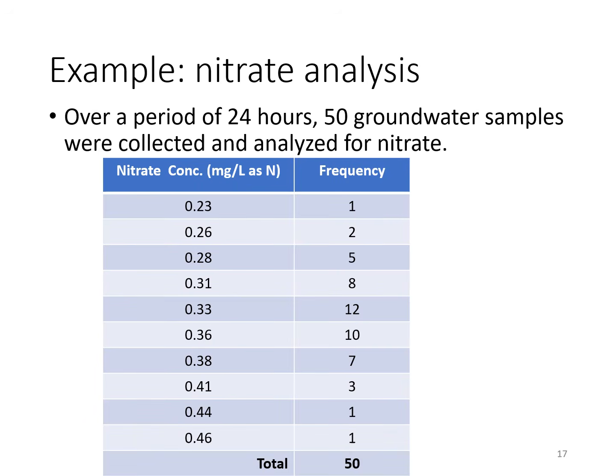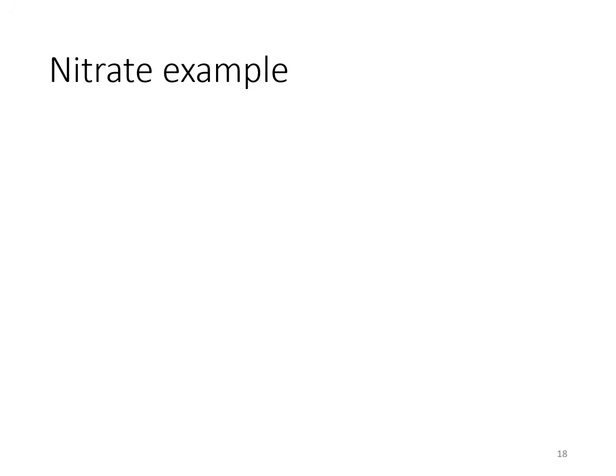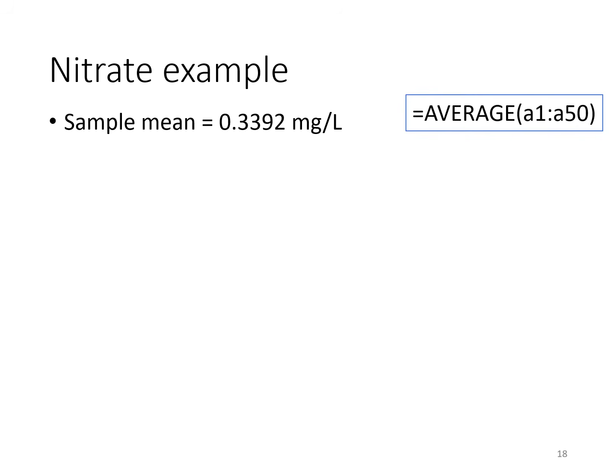Okay, let's return to our nitrate example. So we have the data tabulated again. We have concentrations and then the frequency that each of those concentrations are observed in these 50 groundwater samples. So we can calculate the sample mean, and the function, again, that we can use in Excel is just the average.